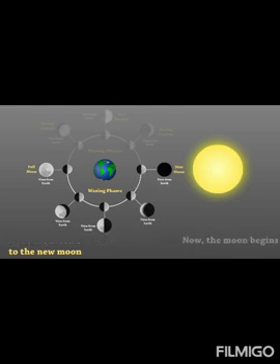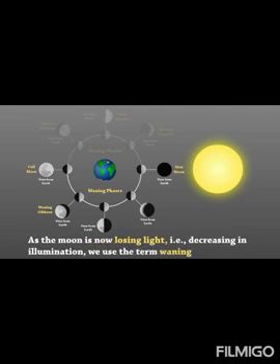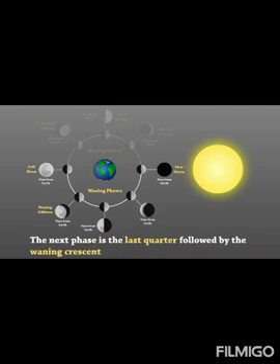This phase of the return journey is called waning gibbous. Waning means reducing. As the moon is now losing light, it is decreasing in illumination. That is why it is called the waning phase.